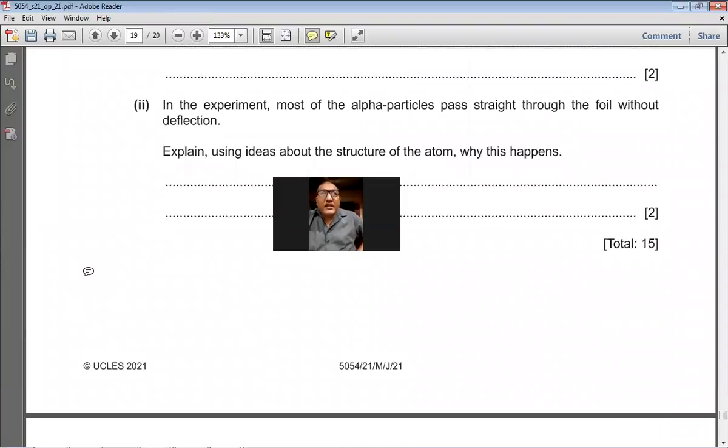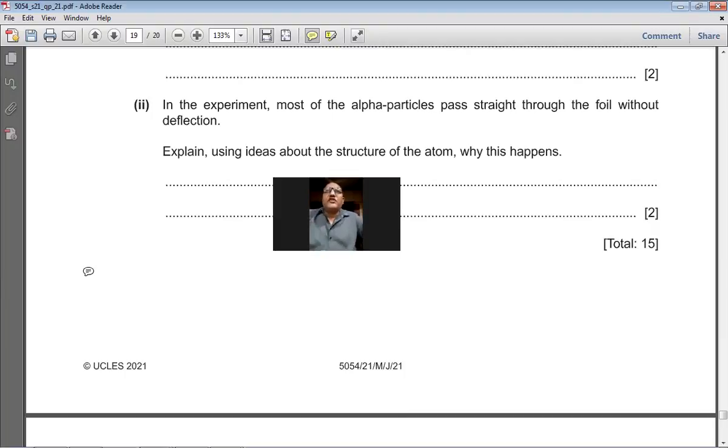In the experiment, most of the alpha particles pass straight through the foil without deflection. Explain using ideas about the structure of the atom why this happened. You see, they took a very thin gold foil and bombarded it with alpha particles.